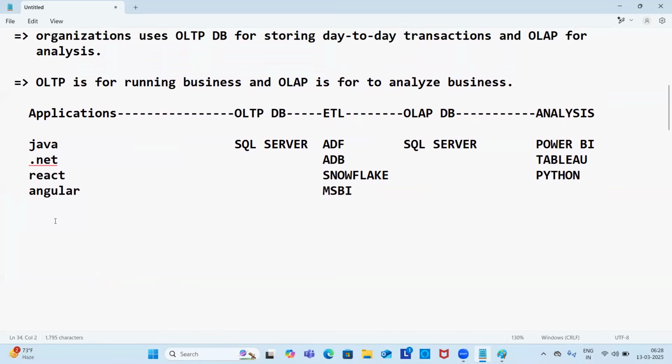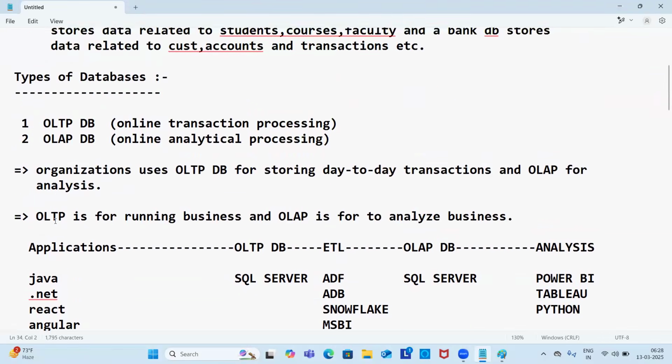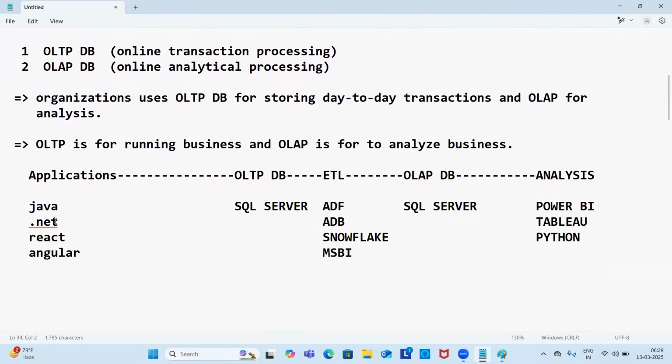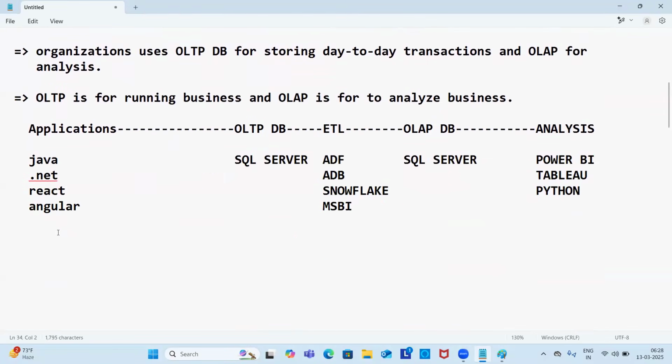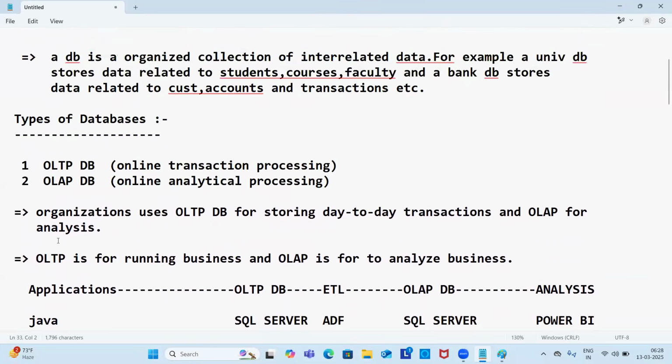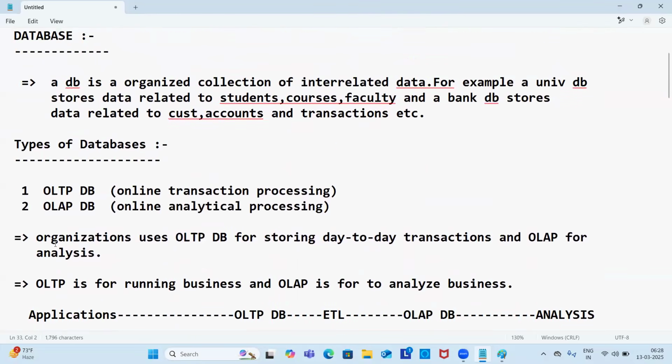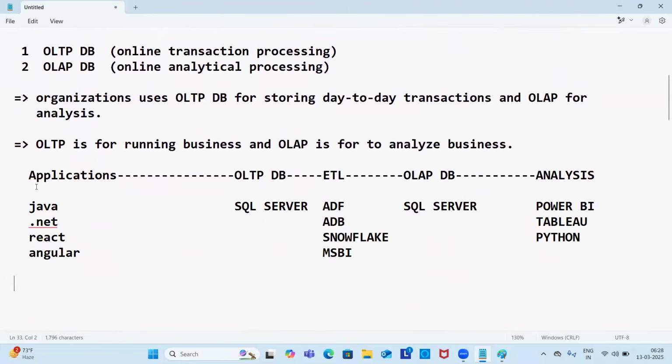Okay, that's all. So this is about the two databases. That means if you learn SQL Server, it is useful for both. You can be part of OLTP development and also part of OLAP development if you know SQL Server. So both need SQL Server.